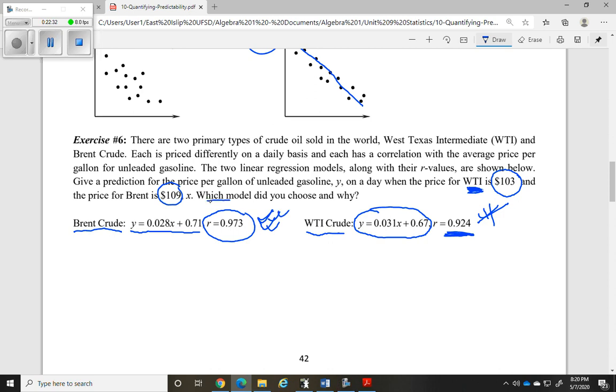So first of all, I'm going to choose Brent because its correlation coefficient is higher, therefore it's more reliable. And I'm going to substitute the 109 in here because for Brent it's 109 for the X value. And that will find my Y value. So you could just use your calculator.